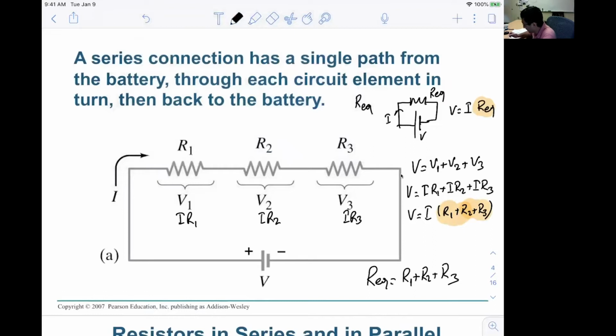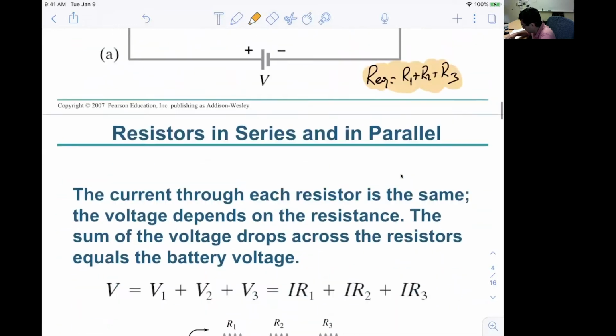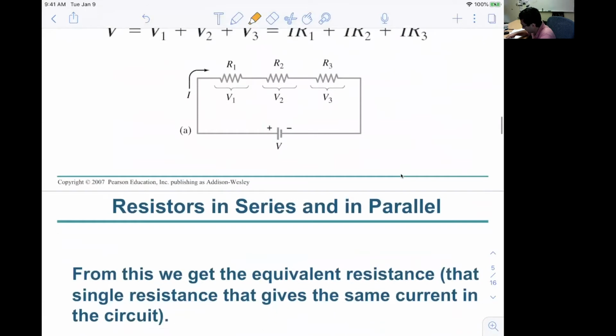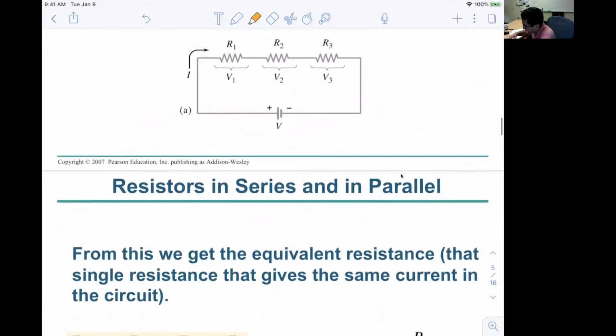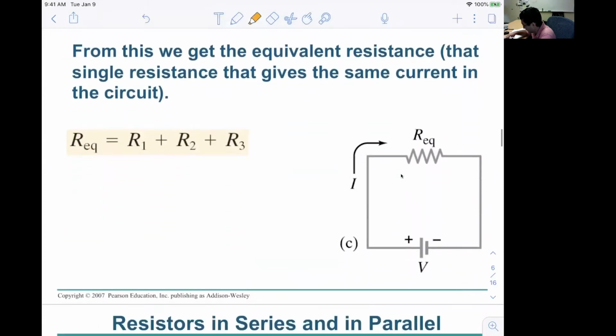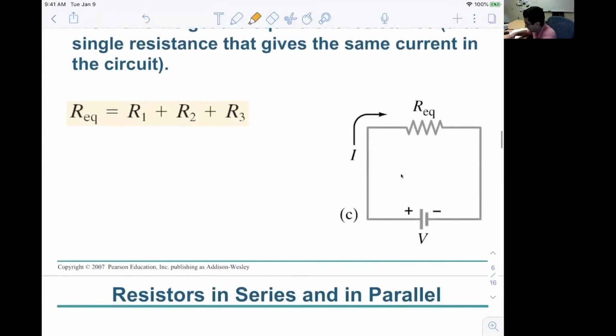This is how you can find the equivalent resistance for the series circuit.